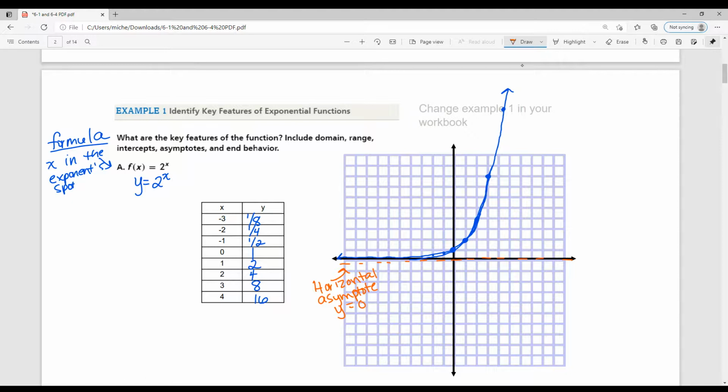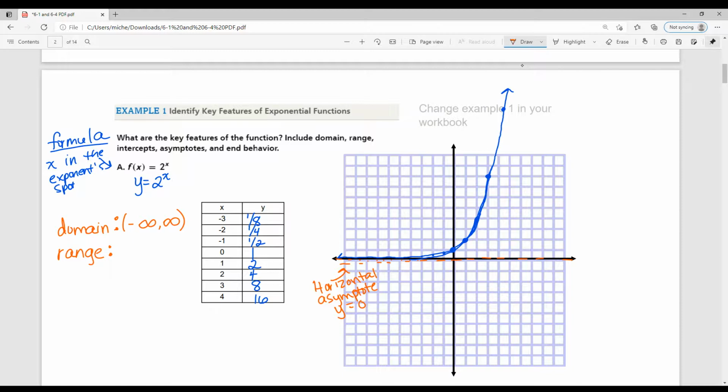So if we start identifying things like domain, range, intercepts, and asymptotes, and then behavior, our domain, since there are no vertical asymptotes and no holes, is negative infinity to positive infinity. The range is affected because the graph does not go below the x-axis.